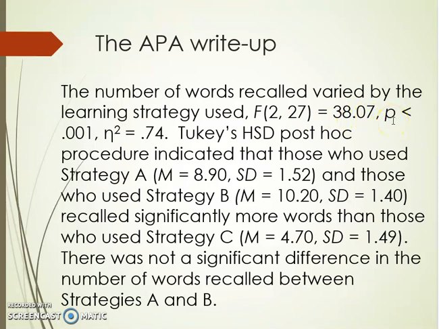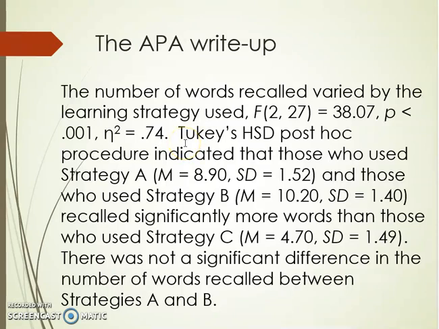Then we say p, and we would ordinarily report the exact p value, but in this case, since SPSS reported it as 0.000, we by convention report that as p is less than 0.001. Then I provide the eta squared. Okay, so here's our effect size. So the F, the p-value, and the eta squared tell me about these results of the initial analysis.